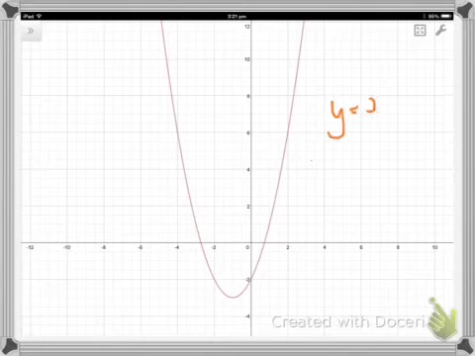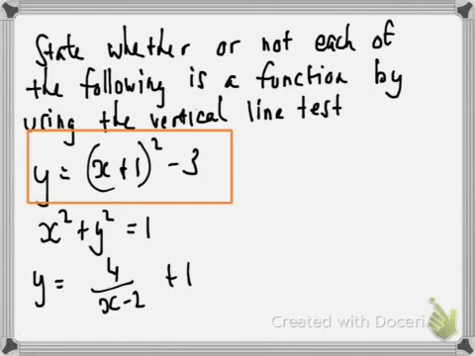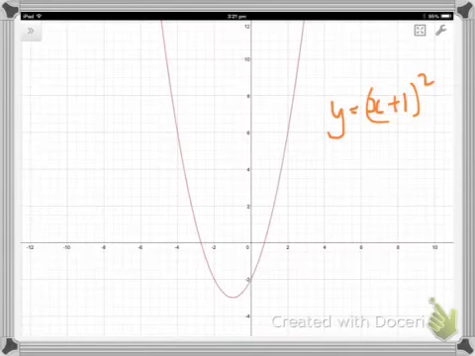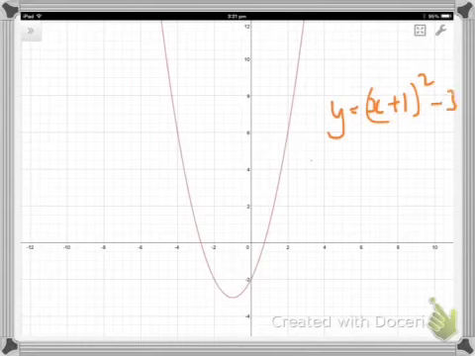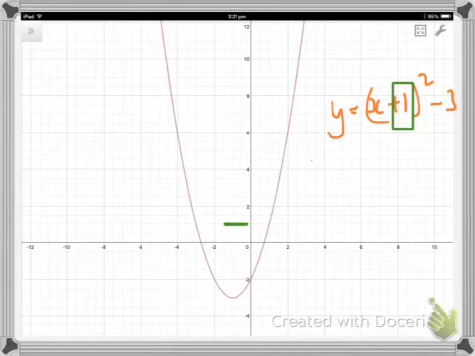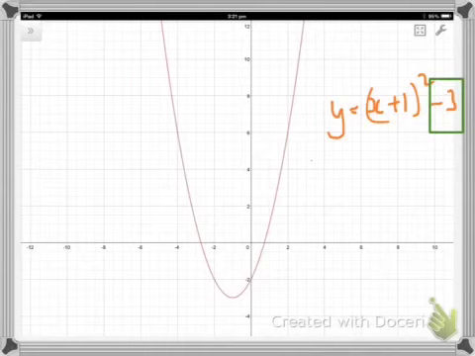And of course we know that the plus 1 there in the brackets moves our graph one place to the left. And we know that the minus 3 there moves the graph 3 places down. So you can see that there.